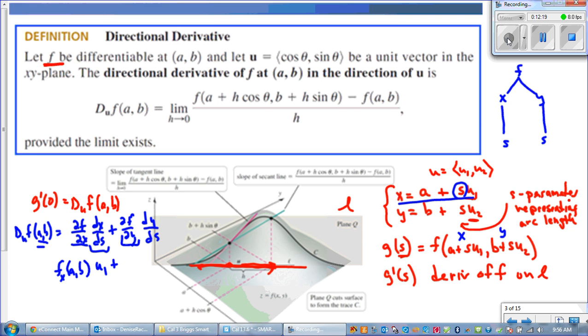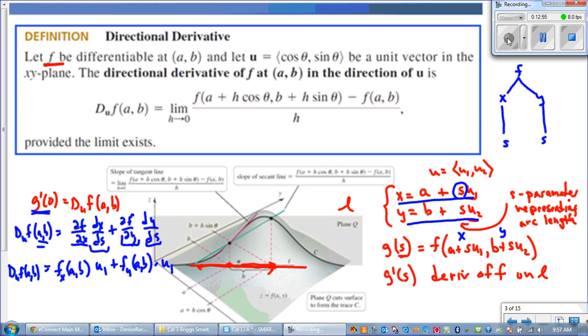And the partial of F with respect to Y, I can write as the partial of F with respect to Y at AB, since I am evaluating the derivative at the point AB. And then the derivative of Y with respect to S will just be U2. Now this is G prime of 0, which is that directional derivative at AB.